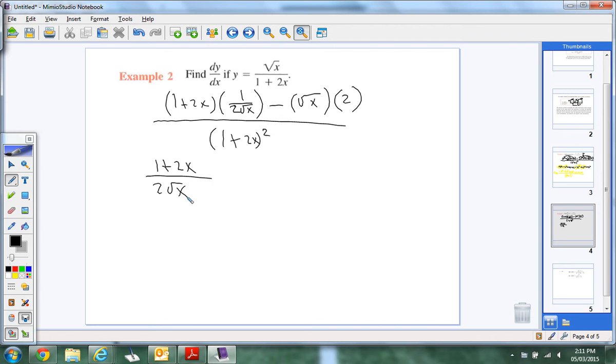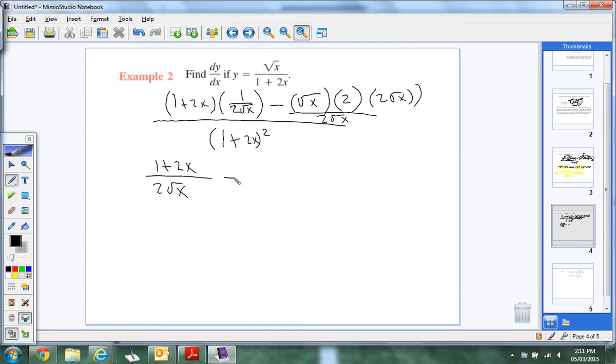Since I have this, I want it to be over 2 root x as well. So I'm going to times 2 root x, the top and bottom, to put those together. What's these multiplied? 4x. So that's kind of nice. It gets rid of the radical for us up there.